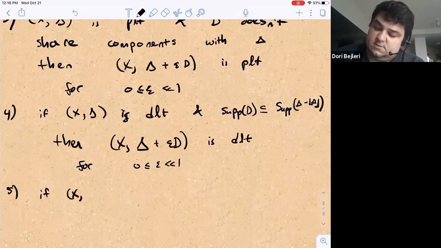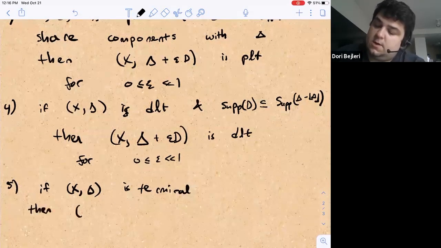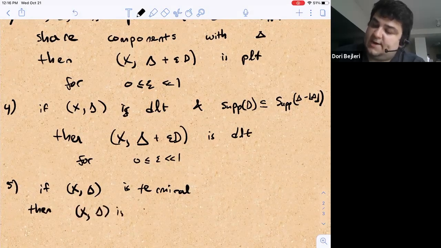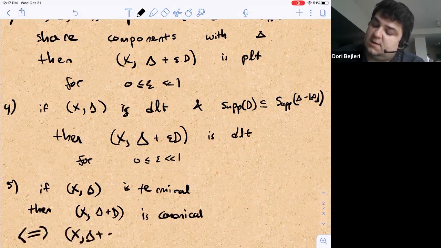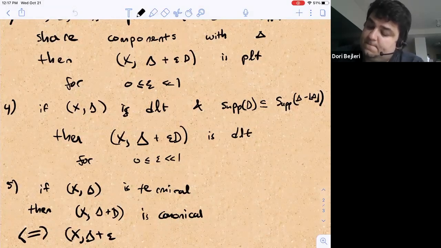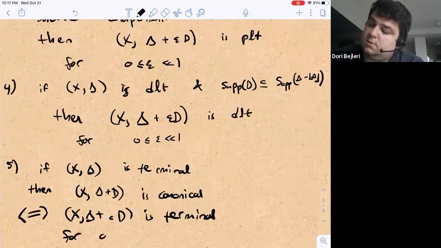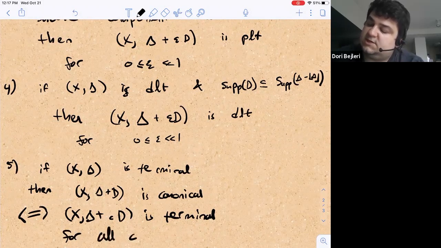So if (X, Δ) is terminal, then (X, Δ + D) is canonical if and only if (X, Δ + cD), or plus cD now, because it doesn't have to be infinitesimally small, is terminal for all c less than 1.